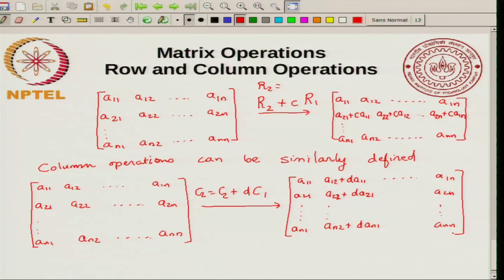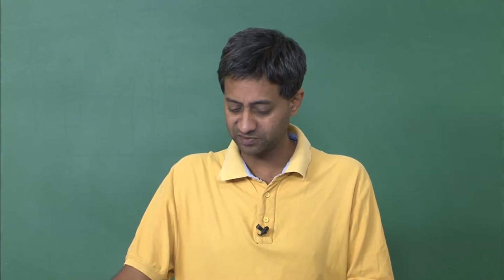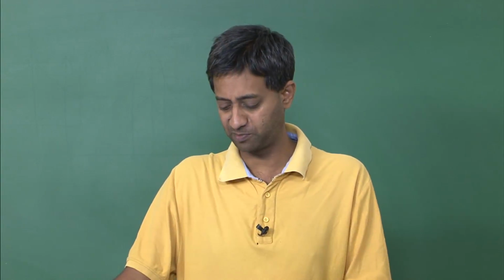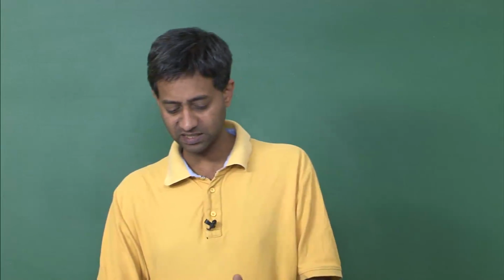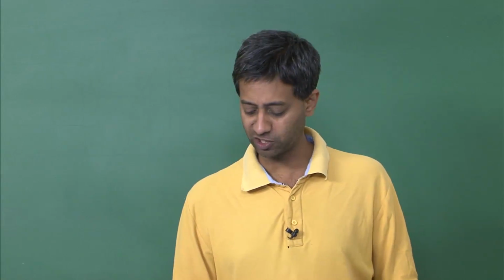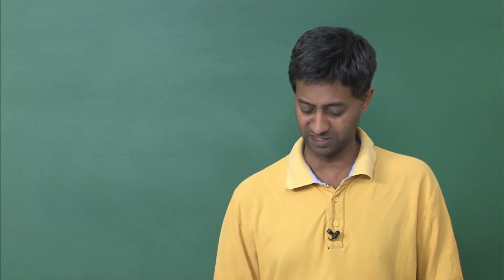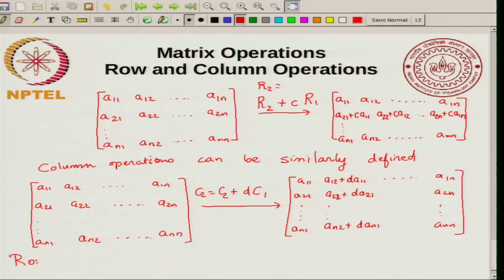By these row and column operations, you get new matrices, and there are some interesting properties of these operations. One of the things is that when you do row and column operations, the determinant is unchanged.